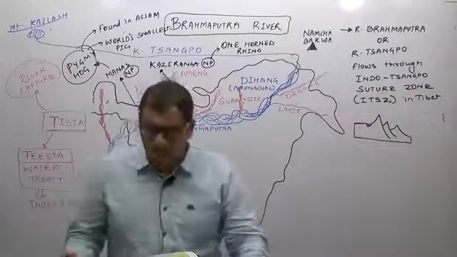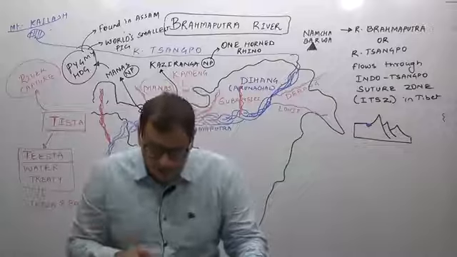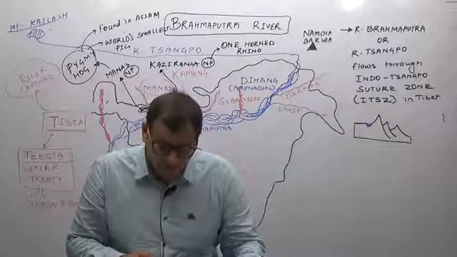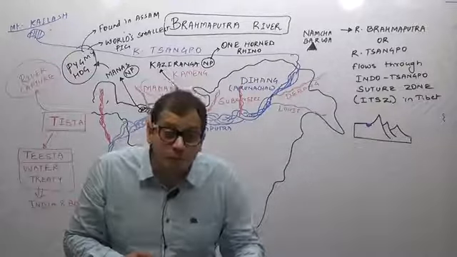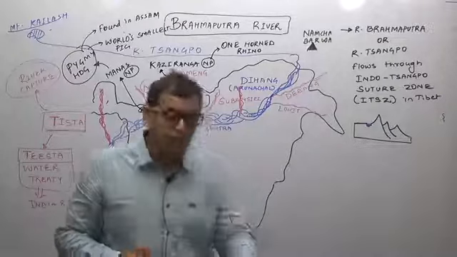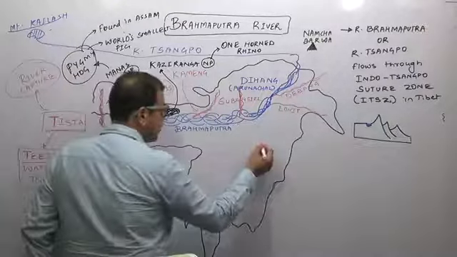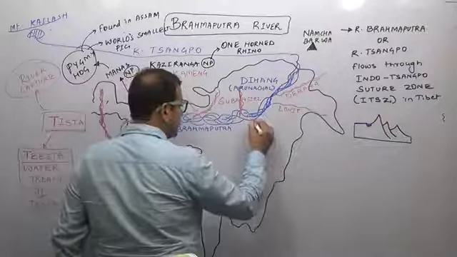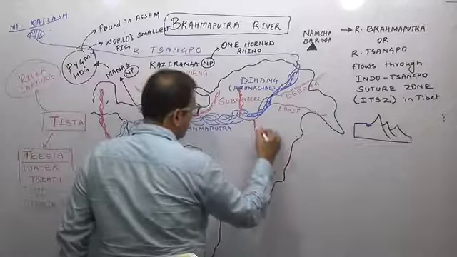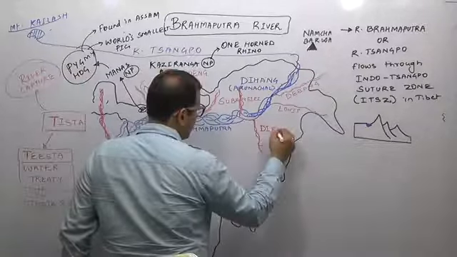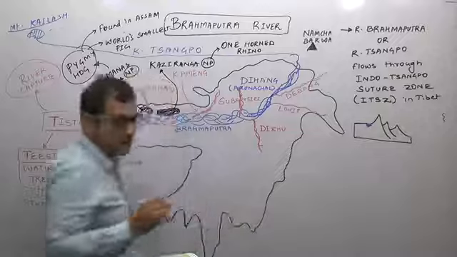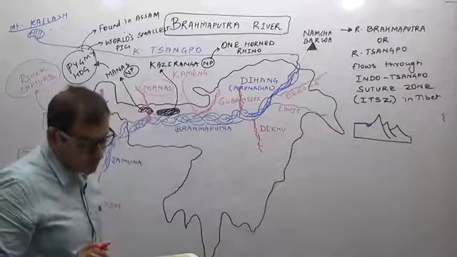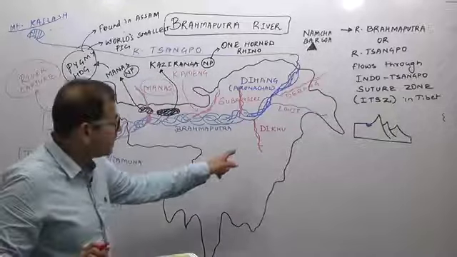Now come to the southern part, and you can see in the atlas the southern part. The important tributaries of river Brahmaputra in the southern part is Diku. River Diku. Could you find river Diku?